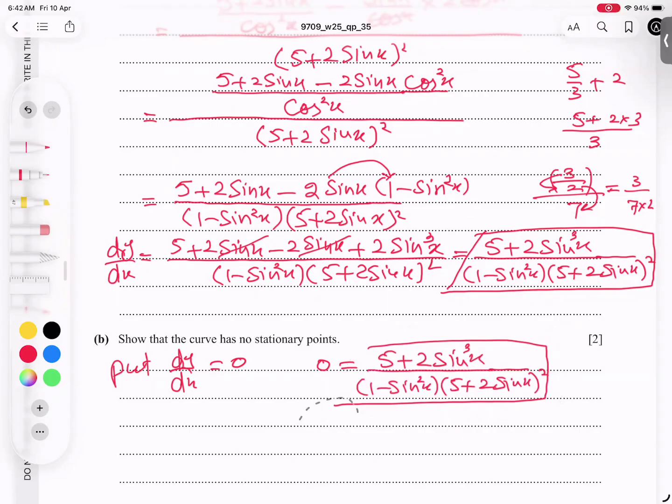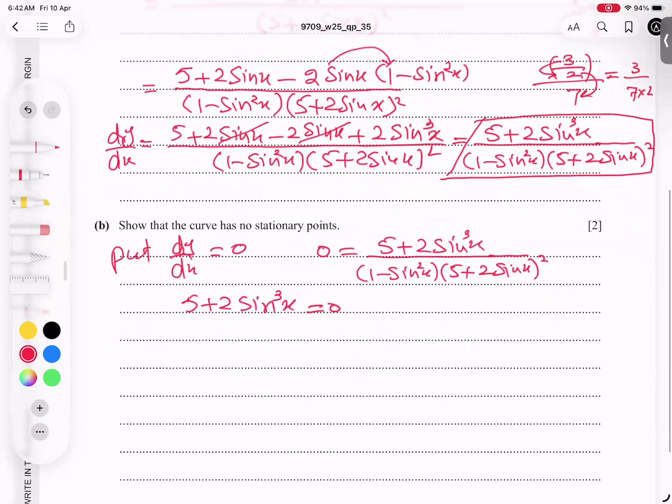This is clear. And according to plan, this completely multiplied with 0 will finish automatically. 5 plus 2 sine cubed is equal to 0. So sine x cubed is going to be the subject, negative 5 over 2.